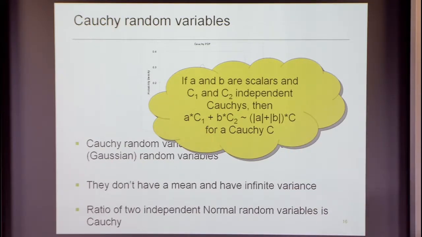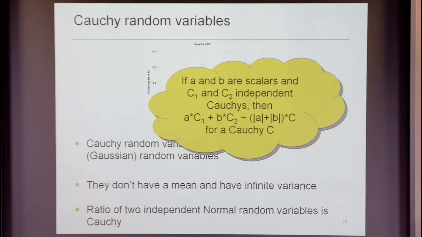We don't have a closed form for the density functions for most of these p. I think we might have a closed form for p equals 0.5, but I'm not sure.